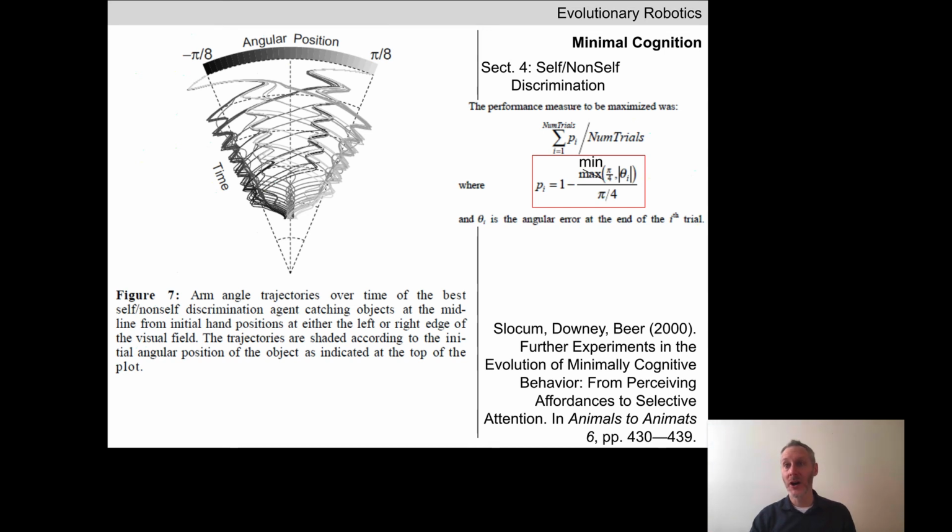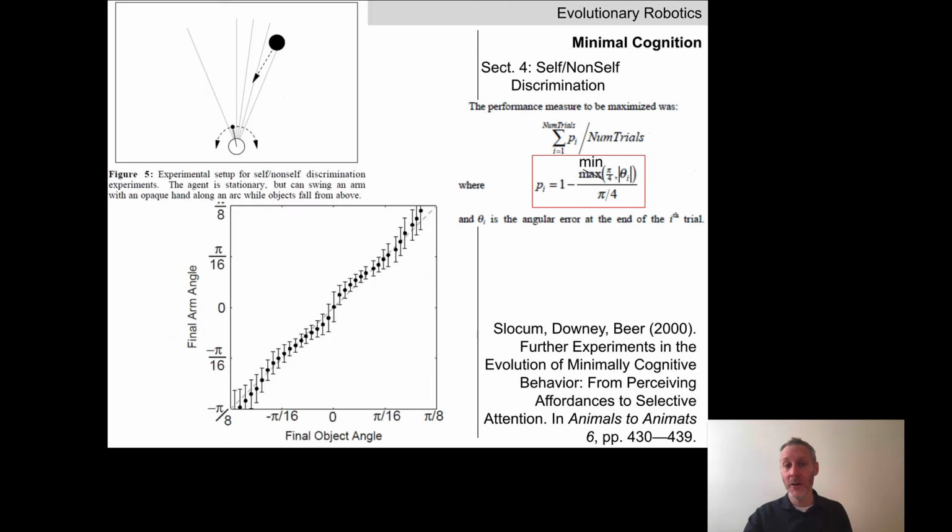Remember when we were talking about Cog or BabyBot, who was also trying to learn the ability to distinguish between self and non-self? What was the information that it put together to figure out what was self and non-self? If you were to ask BabyBot, its eyes are not on the arm, its eyes are down here. Its eyes, if you like, are the 7 beams that are coming out.